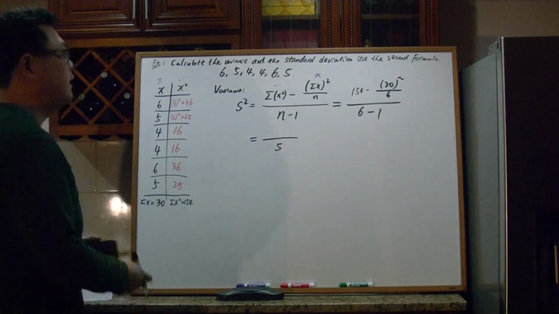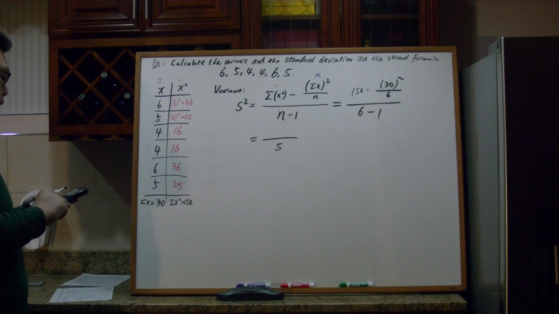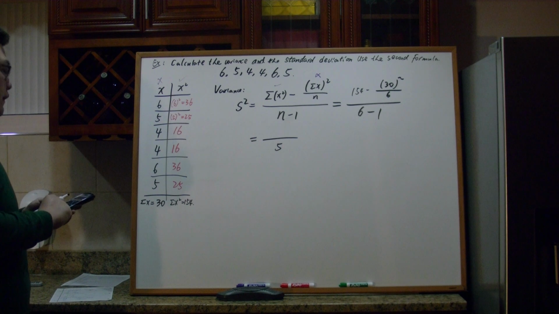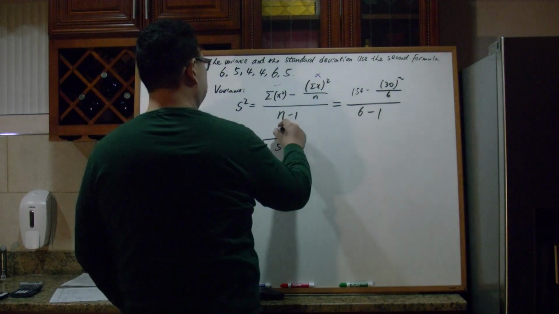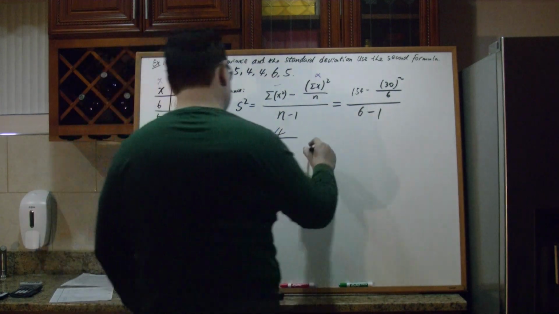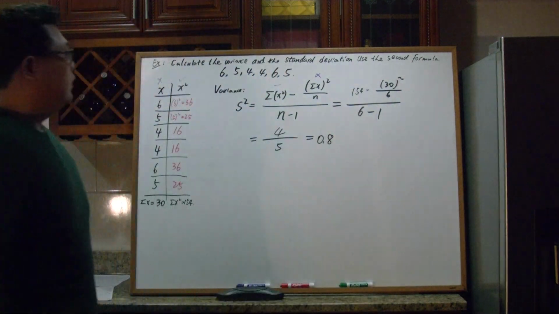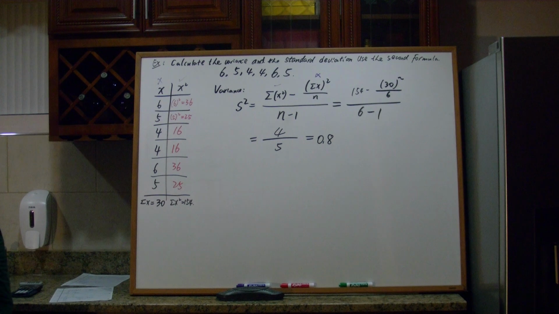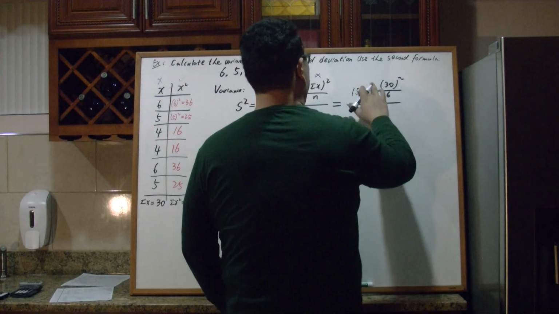Then the numerator, 30 squared is 900, divided by 6 is 150. 154 minus 150 is simply 4. We subtract 154 minus the square of 30 over 6. If you use a calculator you can find out it is 4.